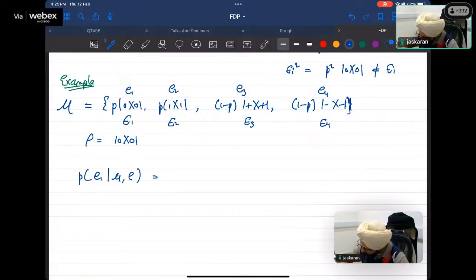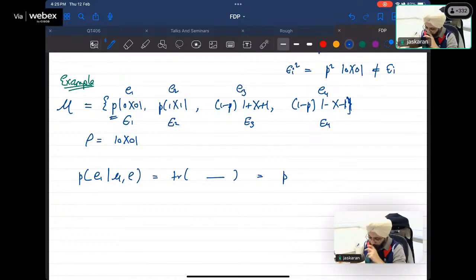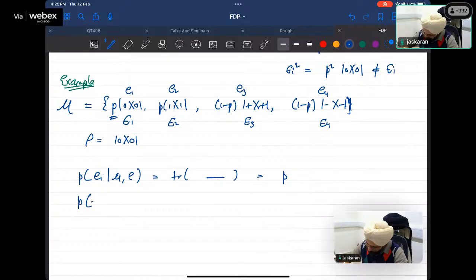So this is nothing but, again using the trace rule, I will not write that down again, but you can evaluate it. This is equal to the value small p, whatever value we are choosing.